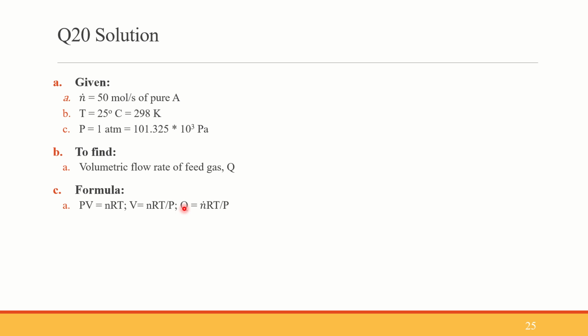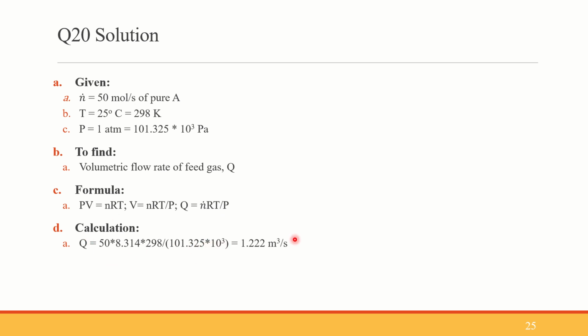So R is nothing but gas constant, its value is 8.314, and its unit is joules per mole Kelvin. So Q is equal to N dot, 50, into 8.314 into T, 298, divided by 101.325 into 10 power 3.